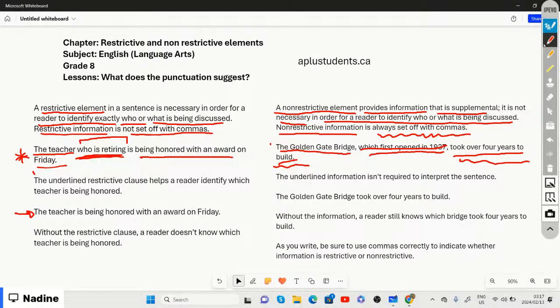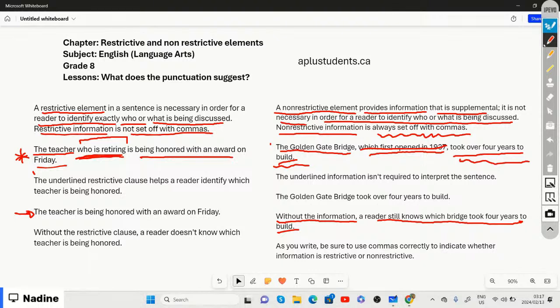With non-restrictive elements, without the information that is given, a reader still knows which bridge took over 4 years to build, which is the Golden Gate Bridge. And a non-restrictive element is set off with commas. So you need to use commas when it comes to the non-restrictive element.